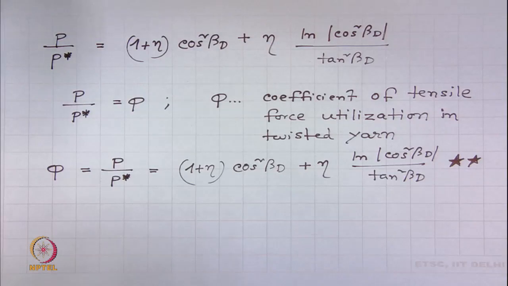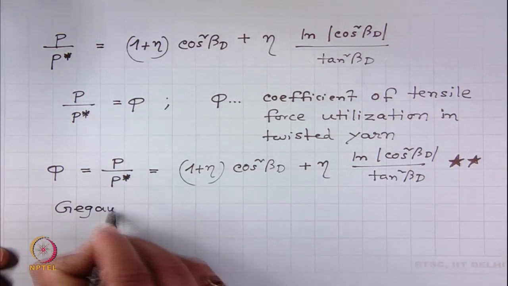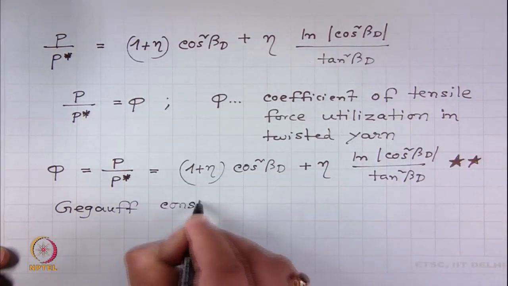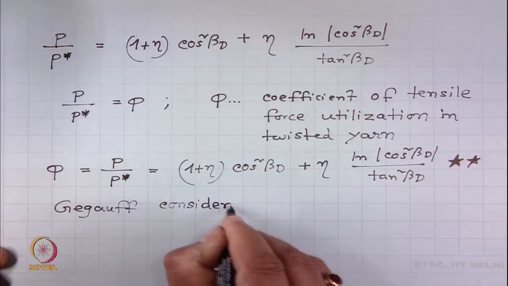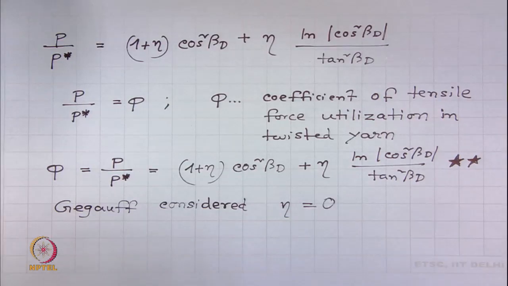Now, consider contraction ratio is equal to 0, there is no radial contraction in yarn.